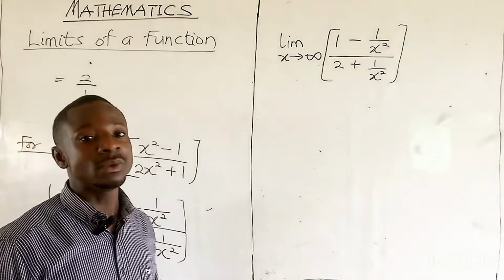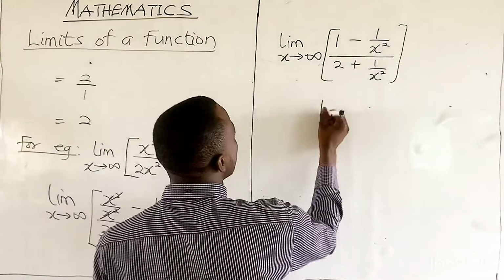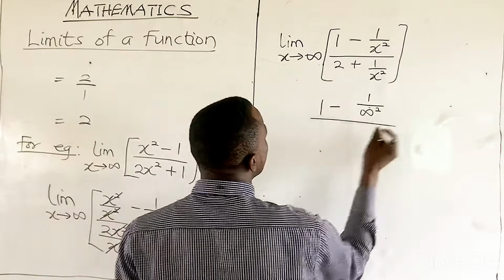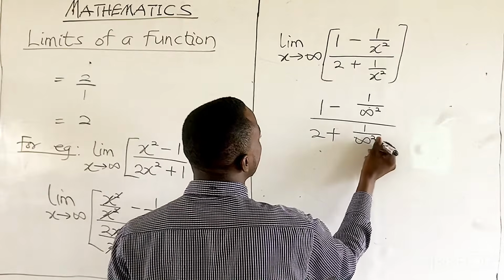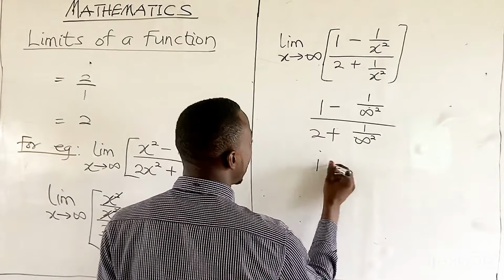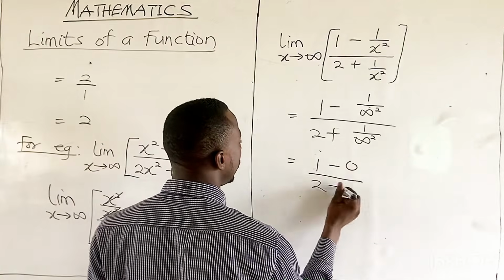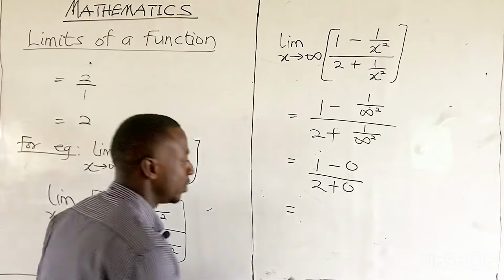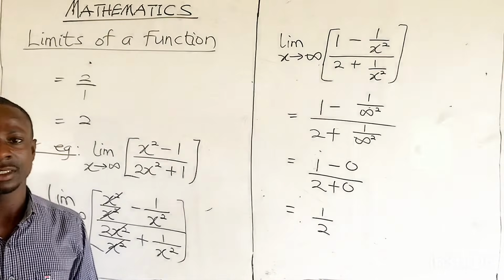After reducing, we can substitute the infinity: 1 minus 1 over infinity squared all over 2 plus 1 over infinity squared. Because we are dividing by a very large number, it approaches 0, so we have 2 plus 0 in the denominator. The final answer is 1 over 2.